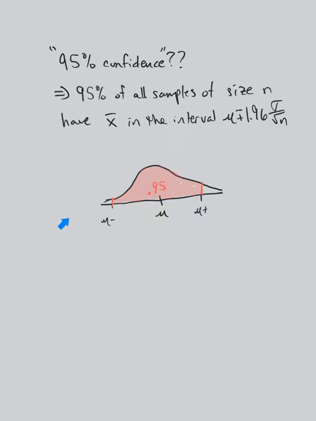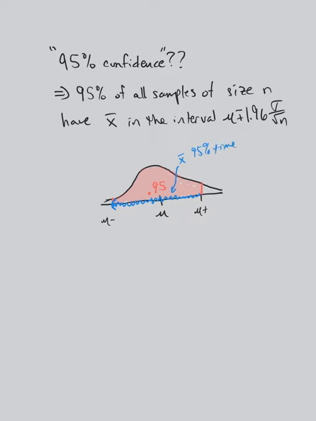So we come back to our picture. I just abbreviated things. So here's the mu plus number, here's the mu minus number. And so 95% of all sample averages fall in this range right here. So 95% of the time, x bar will be in here, okay? And so x bar will land in that range 95% of the time.